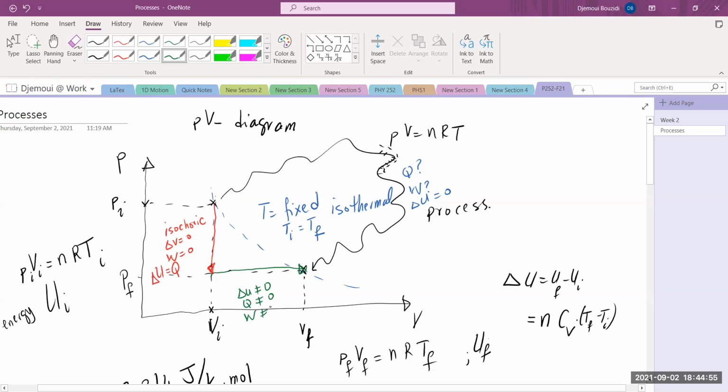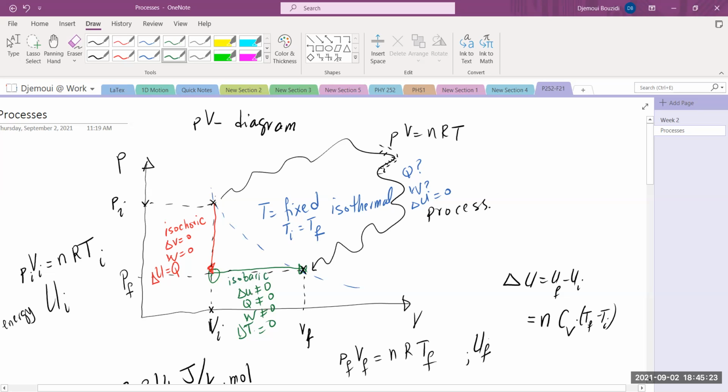W is not equal to 0. As a matter of fact, the volume has changed now. And everybody is not equal to everybody. The temperatures are not the same. This T here is different from this T. So the temperatures have changed. So everybody has changed. This process is called an isobaric process.